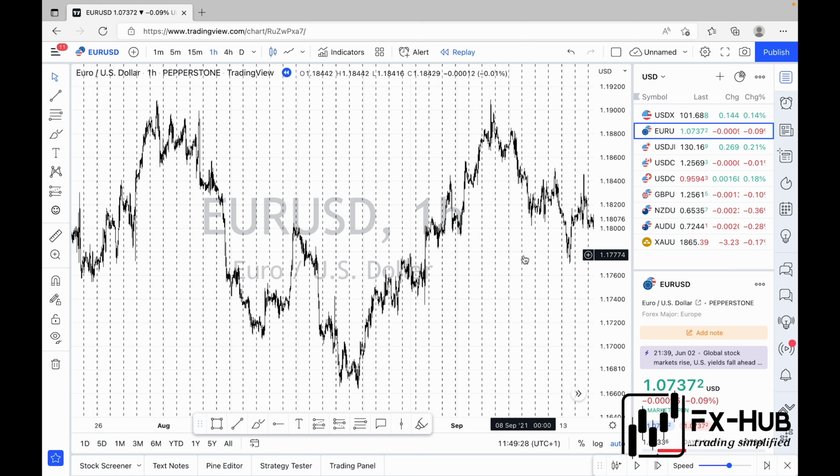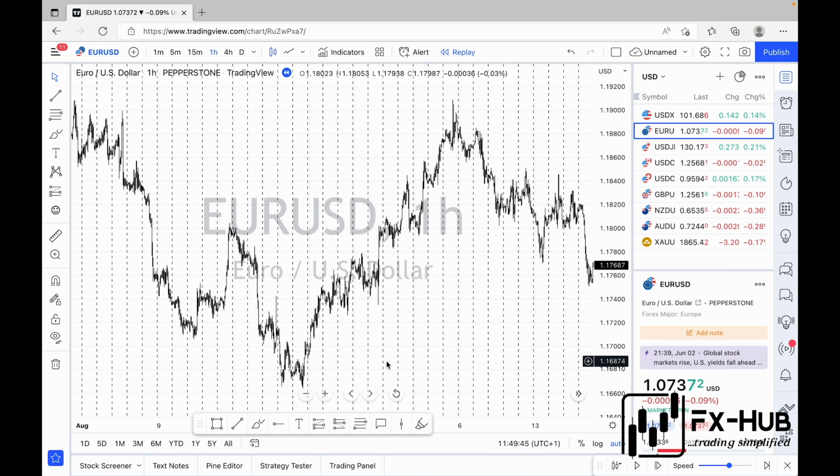Now, let me start by saying in a bull trend, which is an upward market, a market that is moving up, the market is making higher highs and higher lows. Let me quickly write that out.